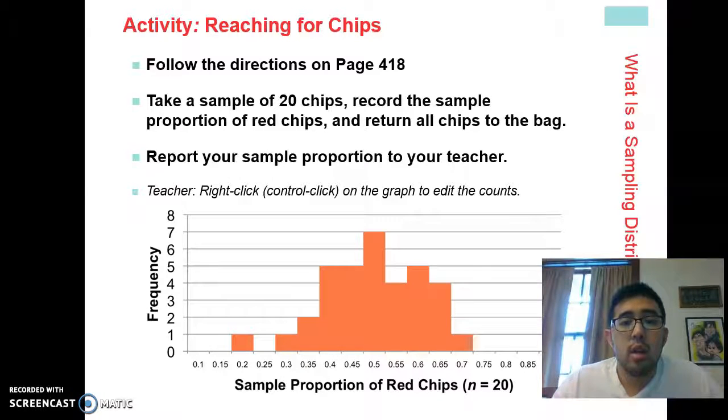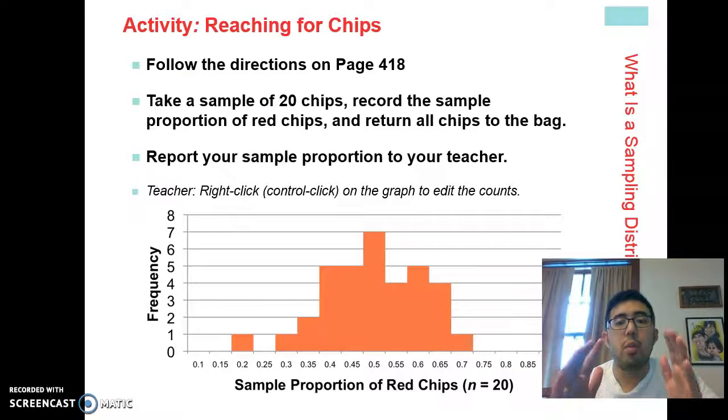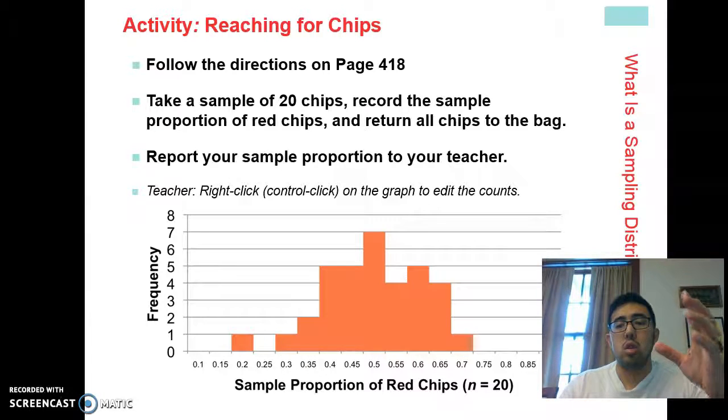So all of those samples, if you take them and create a distribution of all the possible samples, that would be your sampling distribution. What you see here is only an estimation of my true sampling distribution.